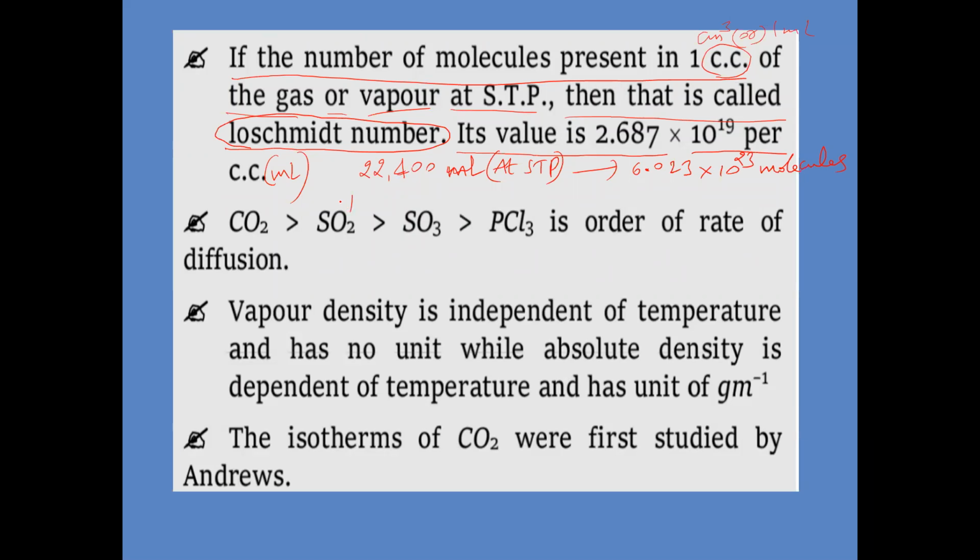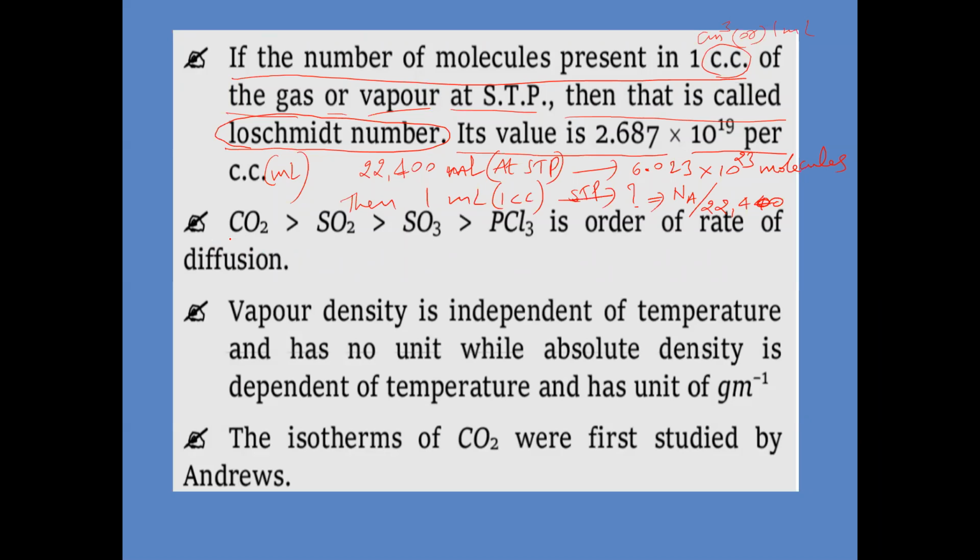Then 1 ml, that is 1 cc, of gas contains how many molecules under the same conditions of temperature and pressure? So it is 1 into Avogadro number by 22,400. This gives 2.687 into 10 power 19 molecules for 1 ml.